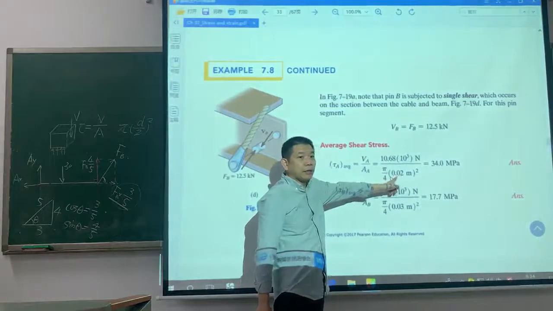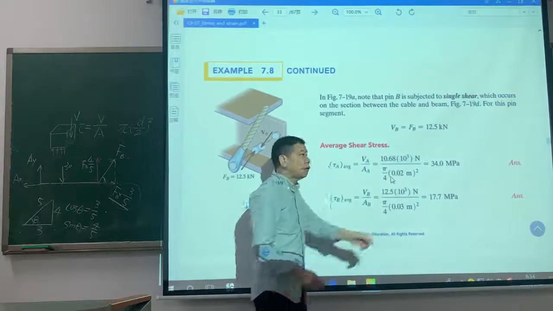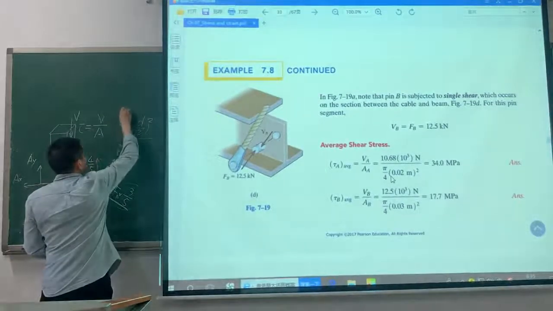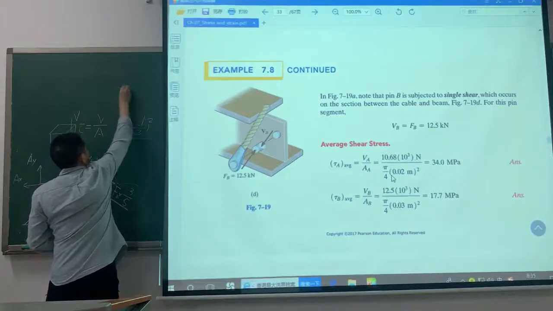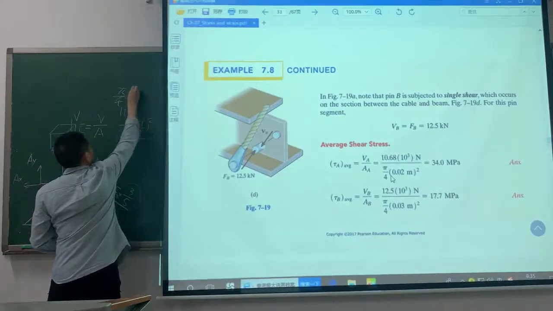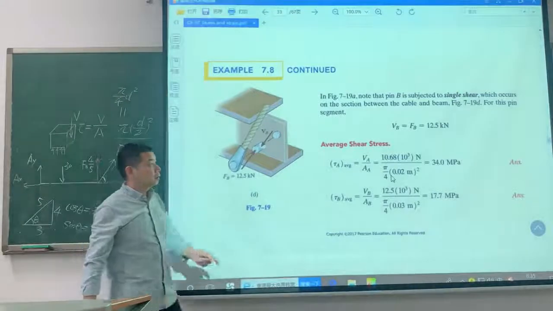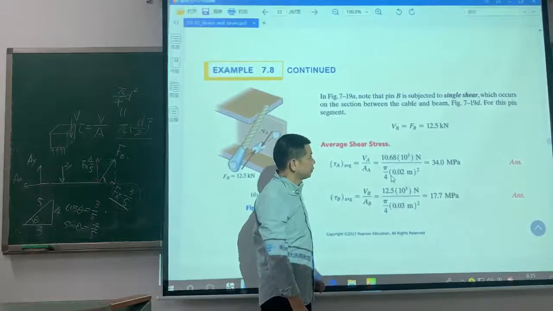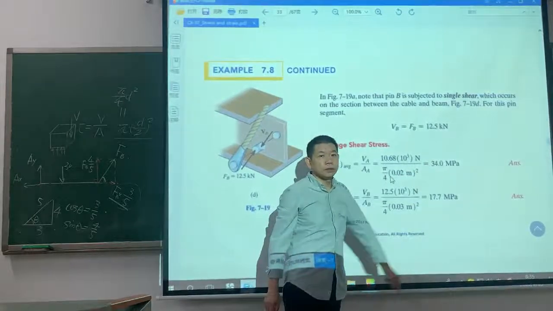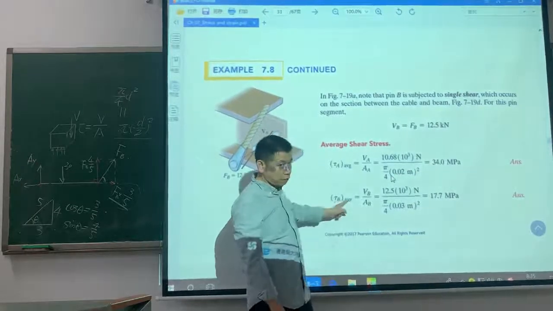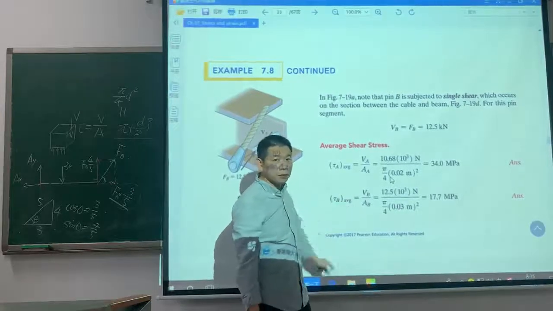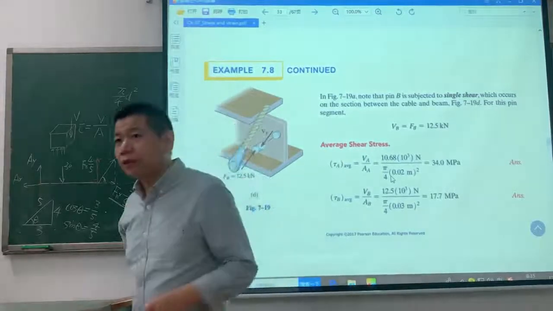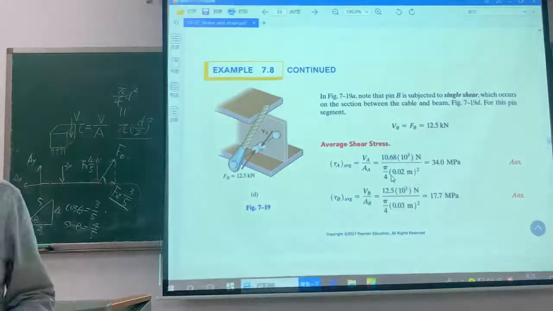So we can find the result. In the same way, we find tau B is 17.7. Any question here?